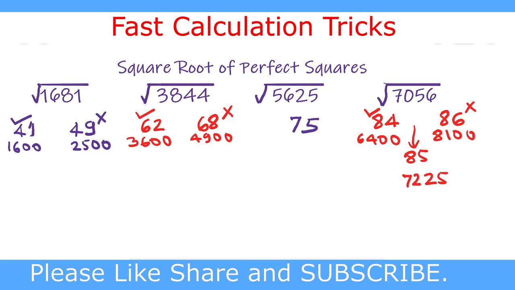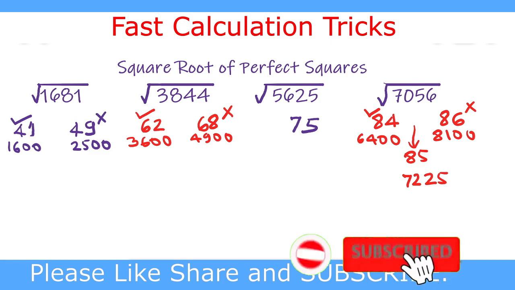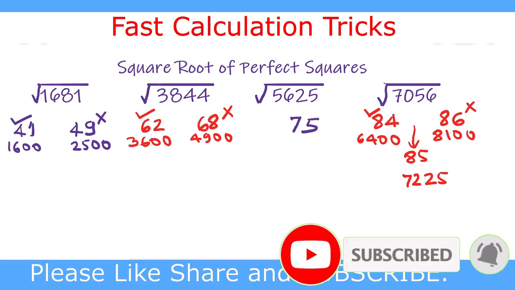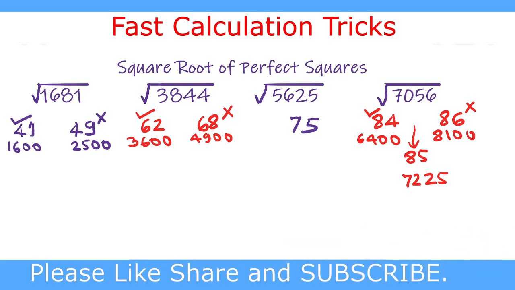Now the given number 7056 is lower than 7225, hence the square root must be lower than 85, which is 84 and not 86. This way also we can find which one is the correct square root, 84 or 86.